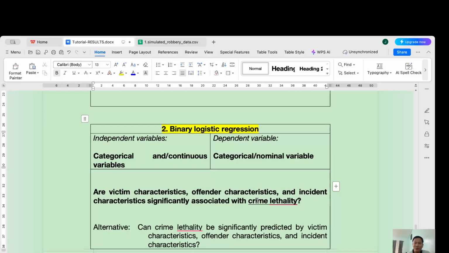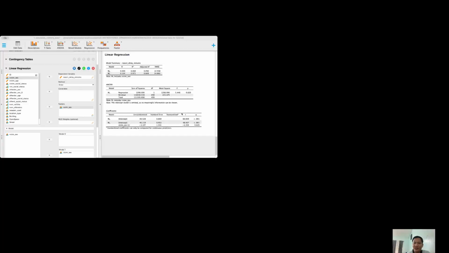And the same as with the multiple linear regression analysis, we have the same set of independent variables. Now let's go to JASP and perform the analysis that we have just discussed.